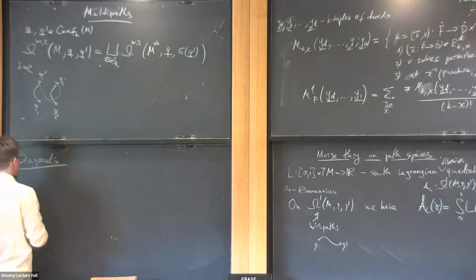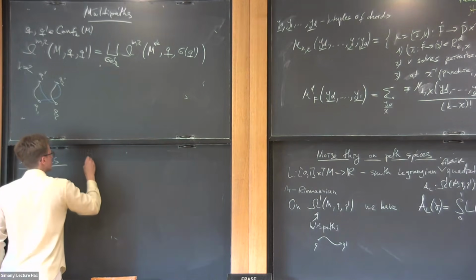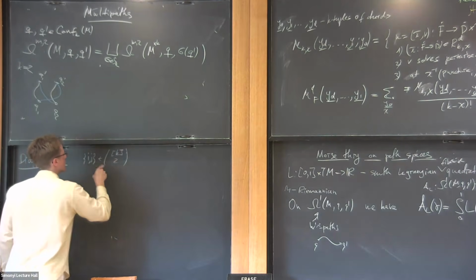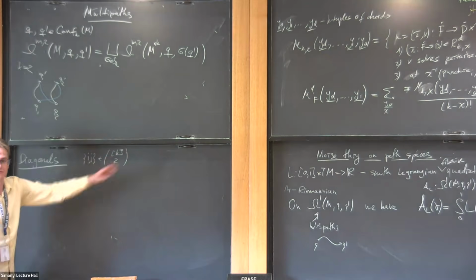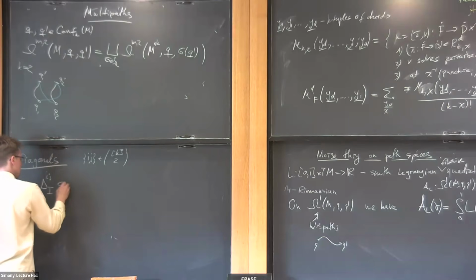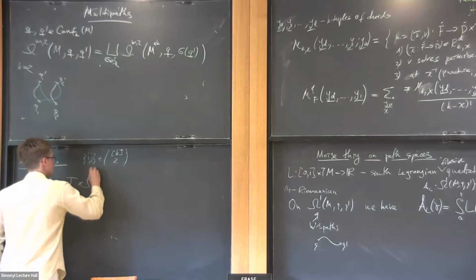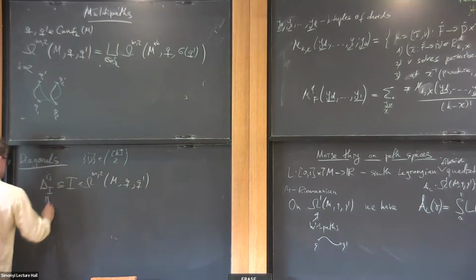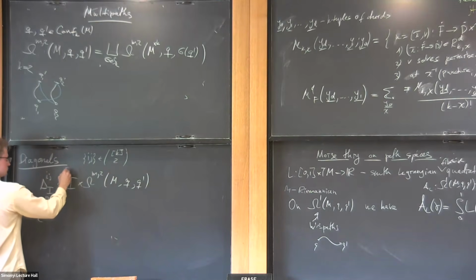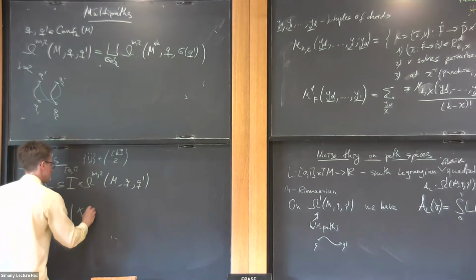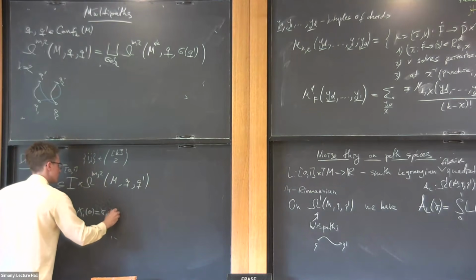So first, let's observe that for a fixed pair of distinct elements i and j among 1 through k, we have the following submanifold inside [0,1] times Omega M^2 prime, which consists of pairs theta and tuple of paths gamma, such that gamma_i of theta is equal to gamma_j of theta.